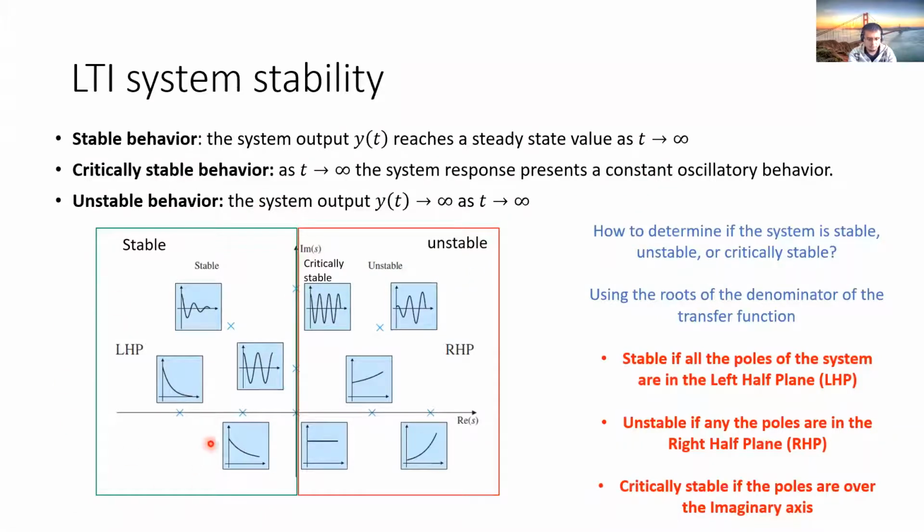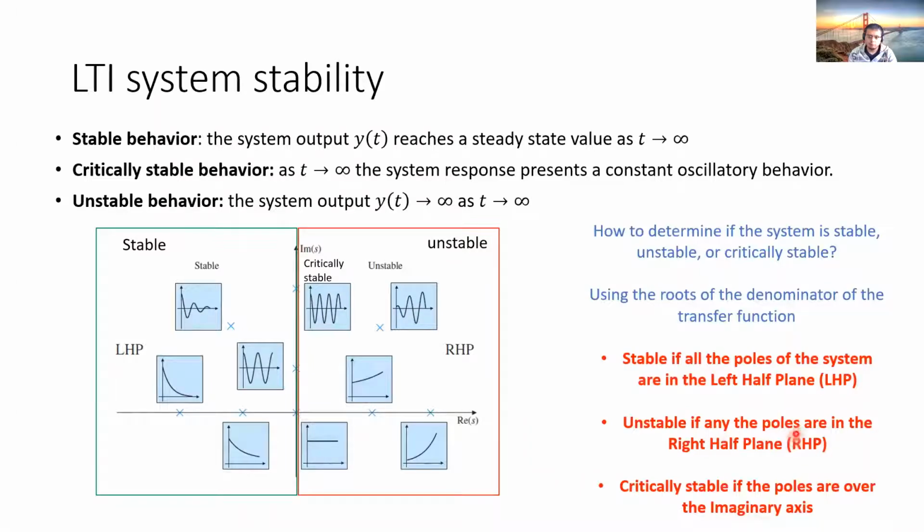We are not concerned about the zeros because the zeros have further implications on the performance of the system. But for now, for stability, our system will be stable if all our poles are in this region. This region is demarcated by the imaginary axis. It means that everything to the left of the imaginary axis is stable if the poles are located in this region.